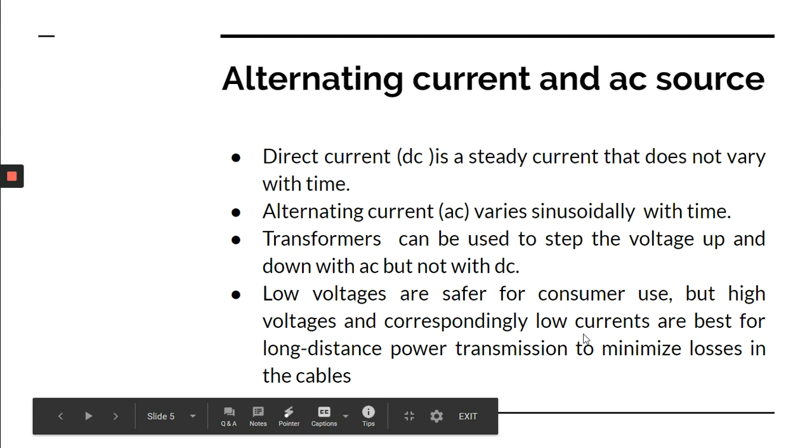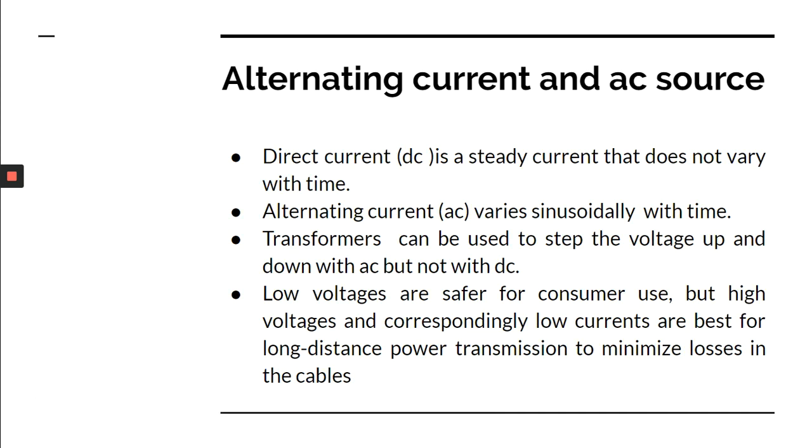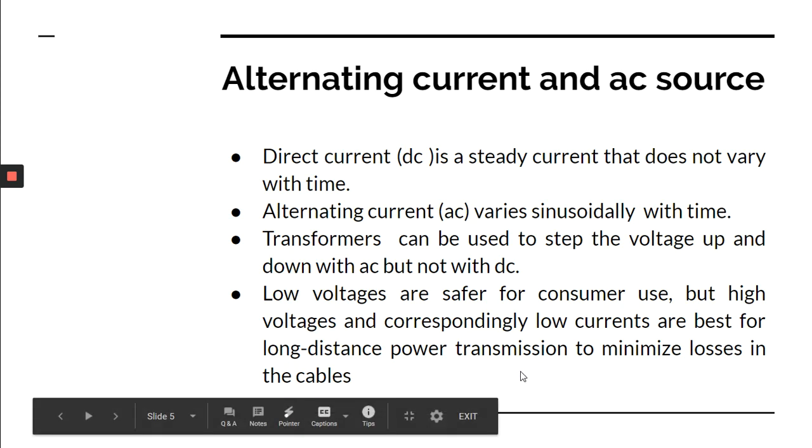So whatever power is supplied by the power station, the loss will be minimized, and most of the power can be transmitted. That's why we need transformers, which can use only AC current, not DC current.